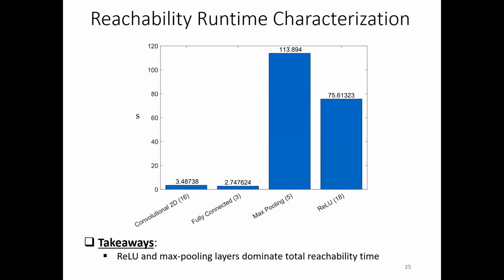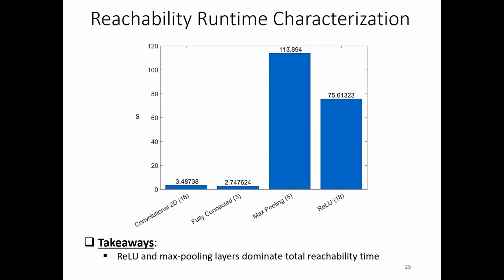In practice, it is very important to know what kind of convolutional neural networks are verification friendly. To know that, we need to know what kind of layers dominate the total reachability analysis time. This figure shows you the reachability time of different layers in VGG19, and you can see that the max pooling and ReLU layers dominate the total reachability time.